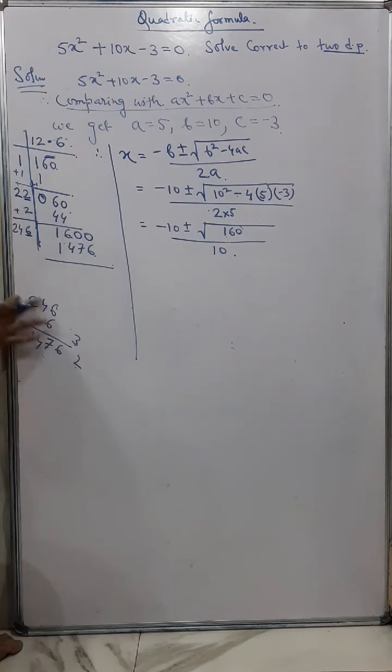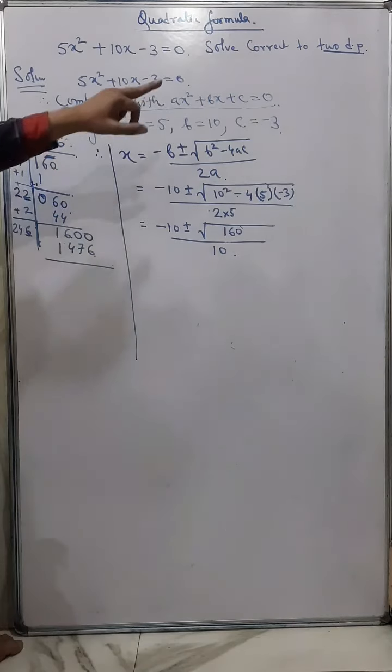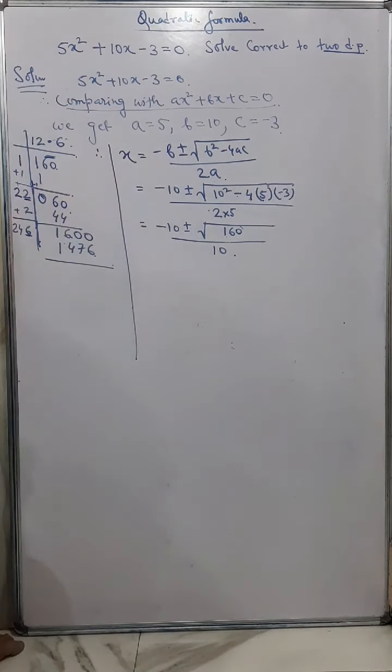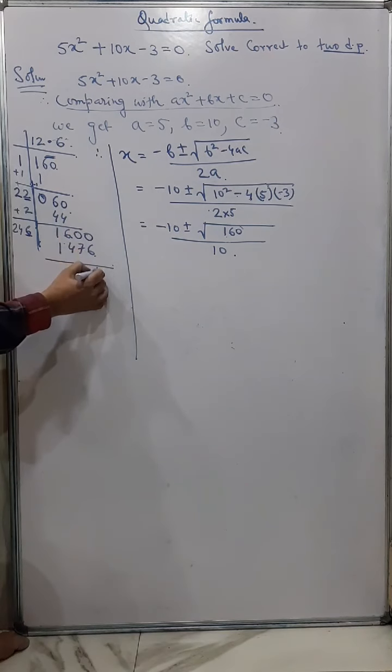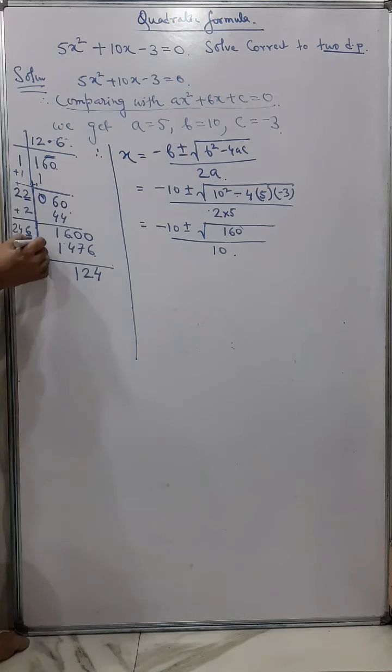So I'll continue this. And I told you I have to do up to 3 decimal place because they asked me 2 decimal place. So again 6, I get 4, I get 2 and I get 1. Repeat the same process. I'm not getting place here, space. So now I'll add 6.